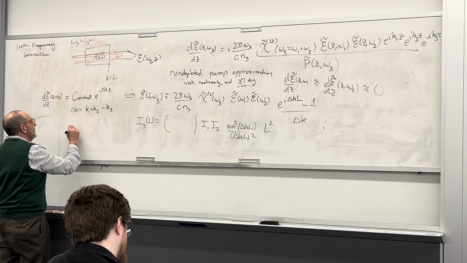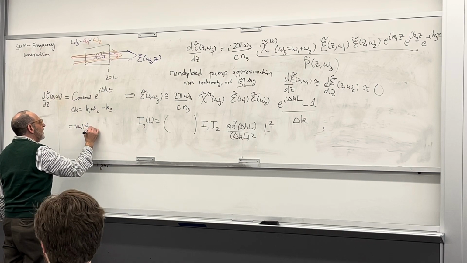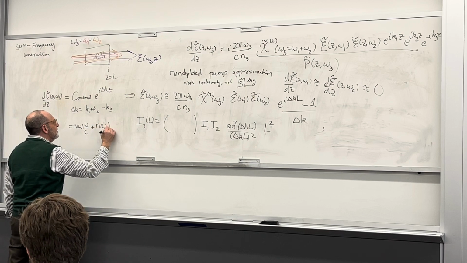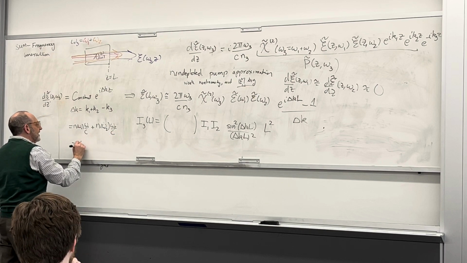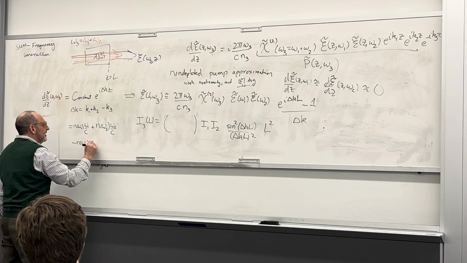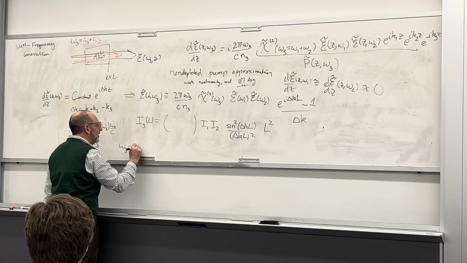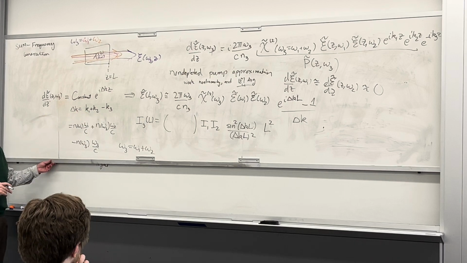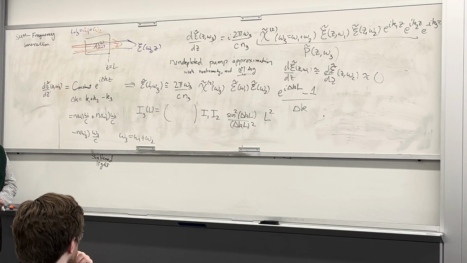Delta K is equal to n at omega 1 over c, plus n at omega 2 over c, minus n at omega 3 over c, where omega 3 is equal to omega 1 plus omega 2, right? So why doesn't this equal 0?